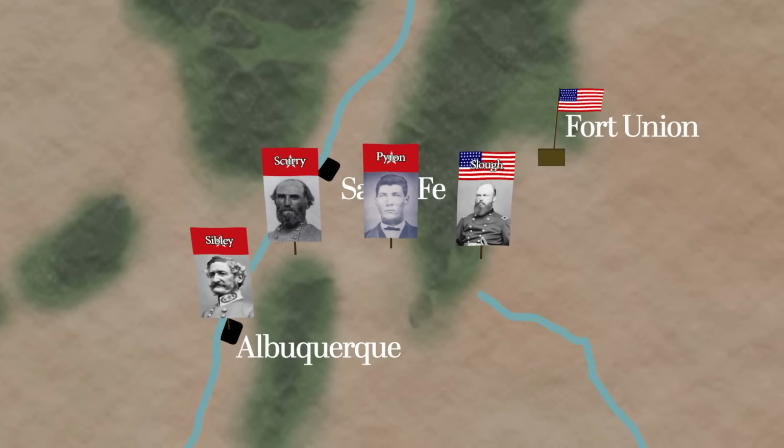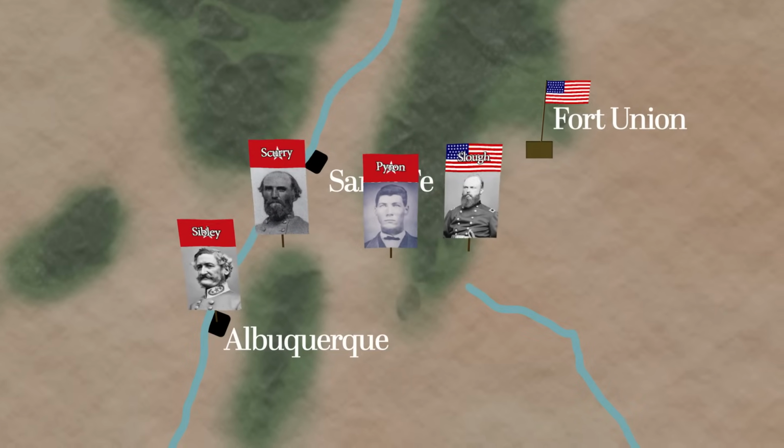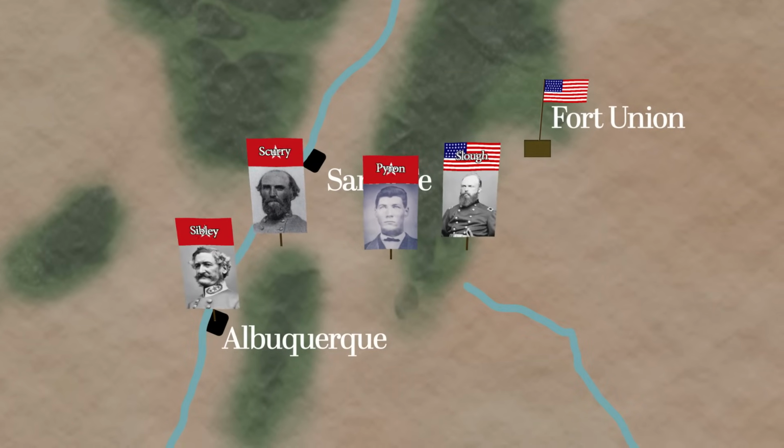The Confederates encamp at Johnson's Ranch, near the mouth of Apache Canyon. At the same time, Colonel Slough assigns Major John Chivington to lead a column of 400 men on a raid towards Santa Fe.